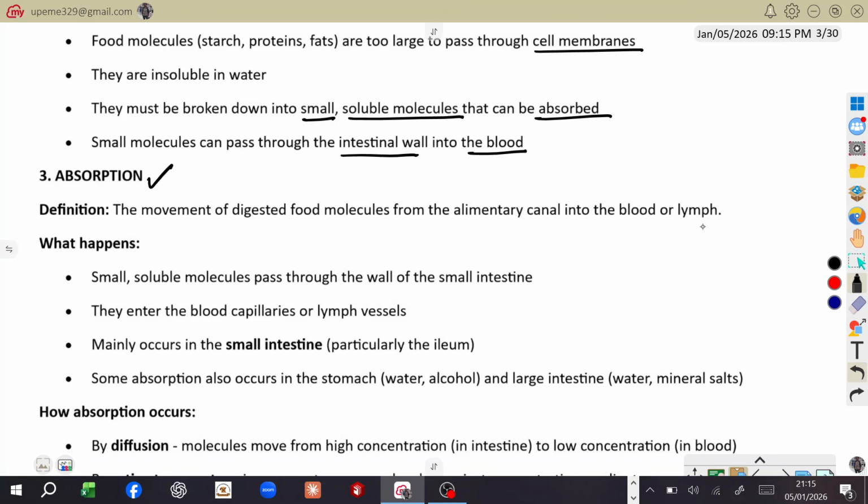So when food has been digested, it has to now move into the bloodstream. That movement of digested food from the alimentary canal into the blood or the lymph is what we call absorption.